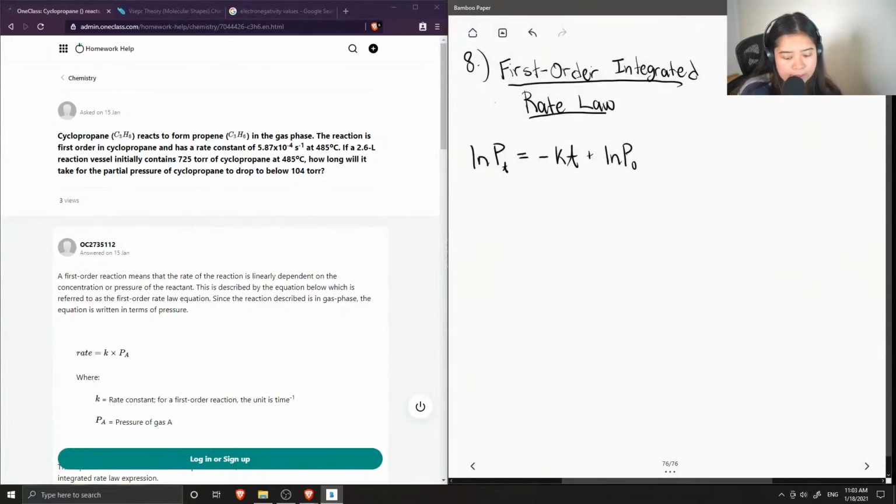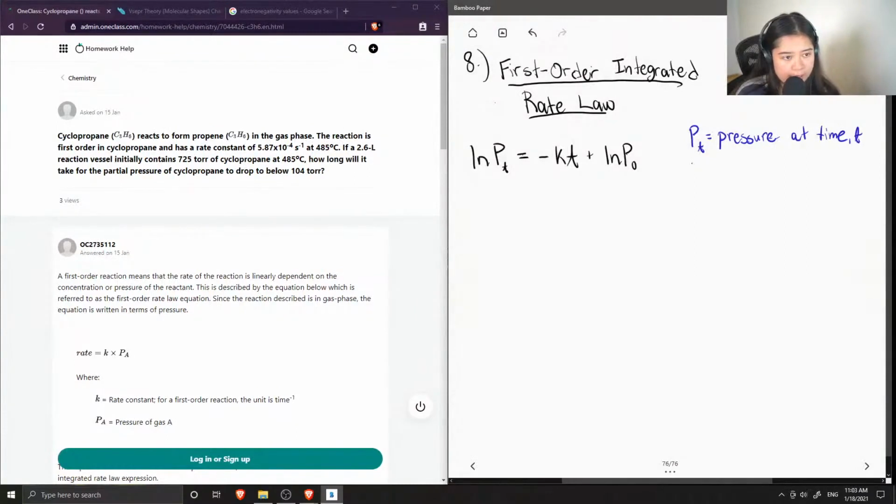So I'll define what each of these variables mean. P sub t is the pressure at time t.